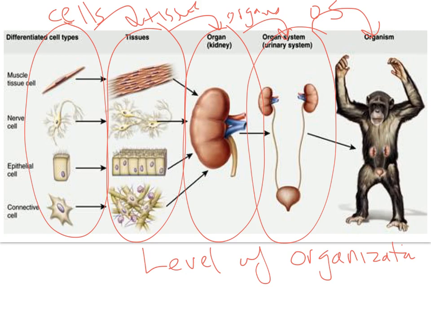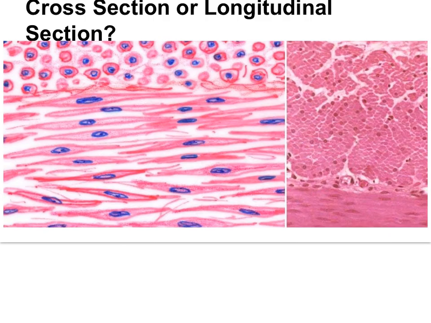And then the kidney works together with the bladder and the ureters to form an organ system, the urinary system, and then we have our organism. So we're talking now about this level right here, the tissue level, and that's what histology is.